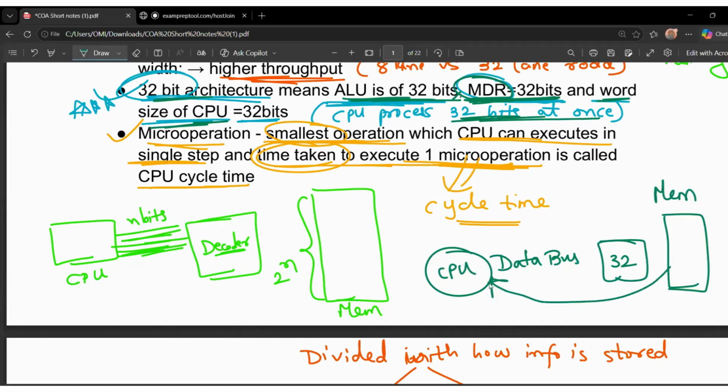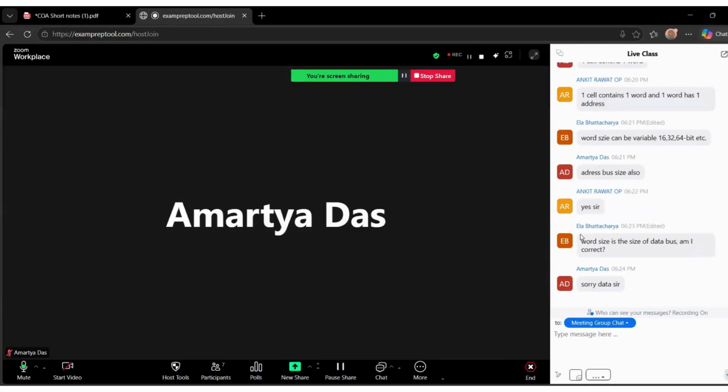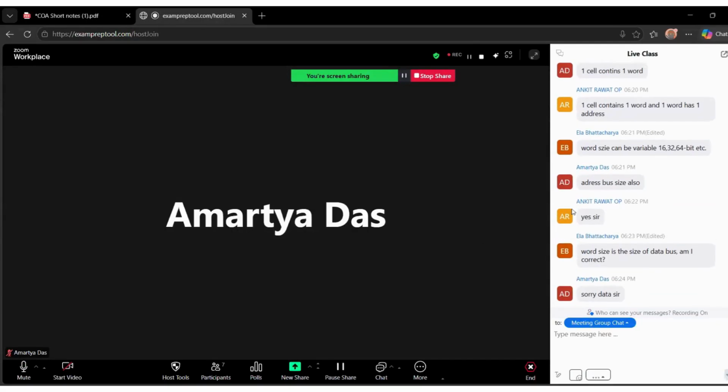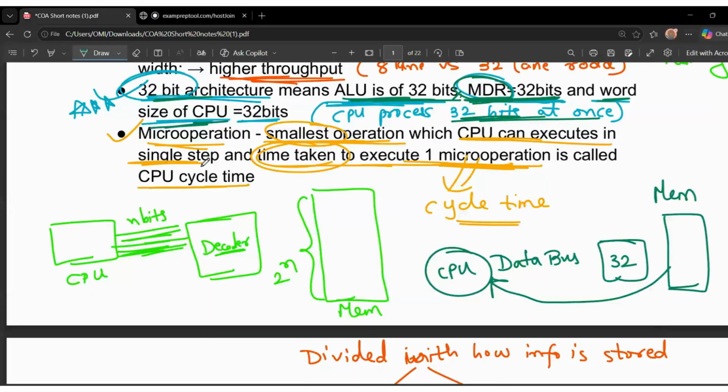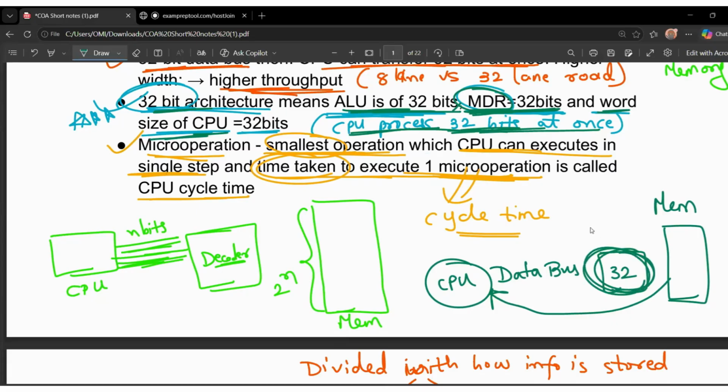I think many of you were confused about this in the lectures also, about what to take, the data bus or the address bus. But if you know that the CPU can process 32 bits at once, what does it mean? It means 32 bits of data have to come from memory to the CPU.